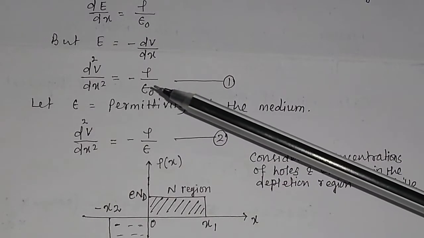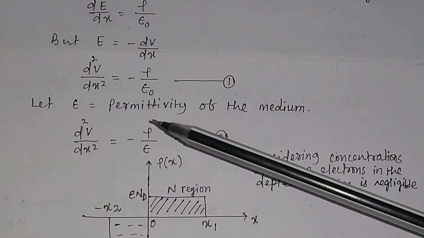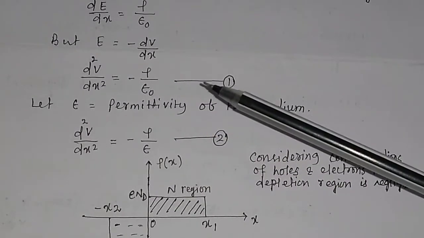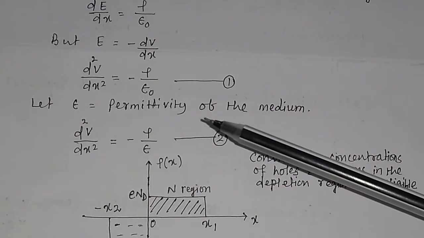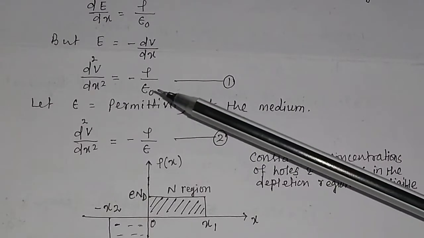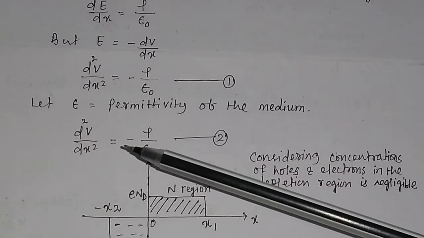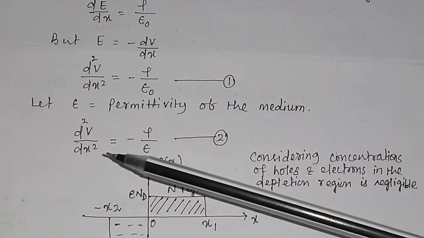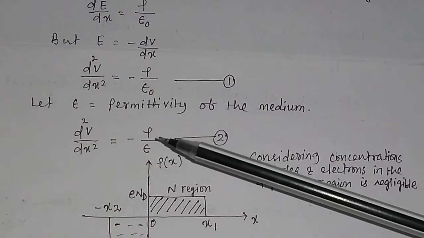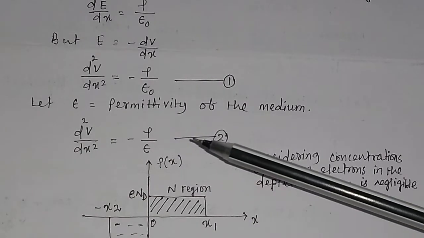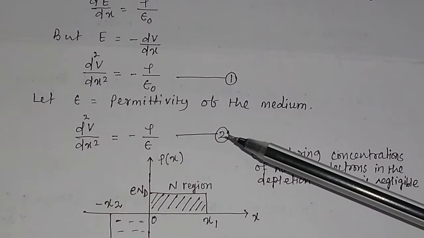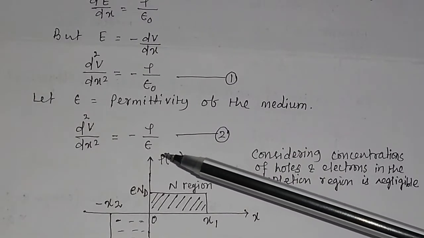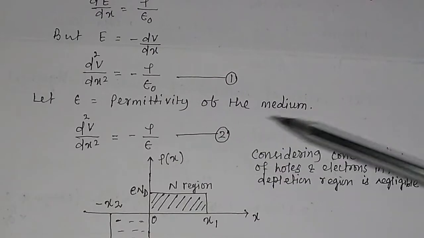If you take the permittivity of empty space, then you write this equation 1, and if you take the permittivity of the medium, then you replace epsilon naught by epsilon. So the equation will be the second derivative of potential with respect to x equal to minus rho divided by epsilon. Since we are considering the PN junction and it has a medium, you take epsilon instead of epsilon naught.